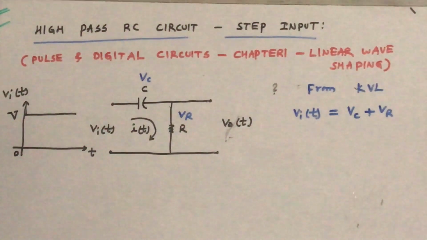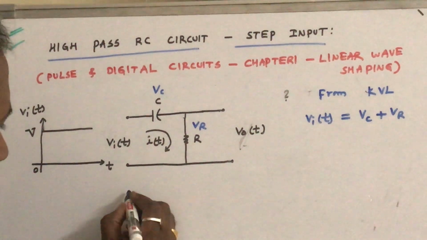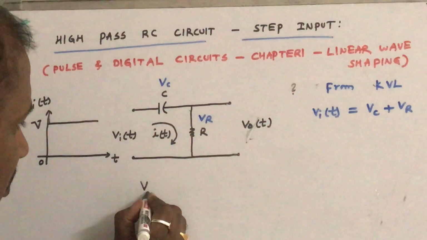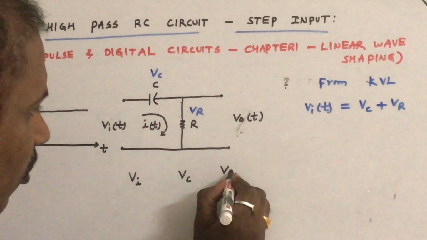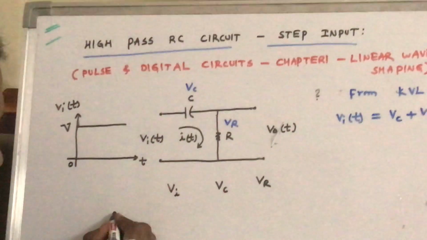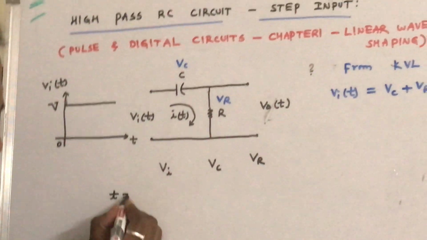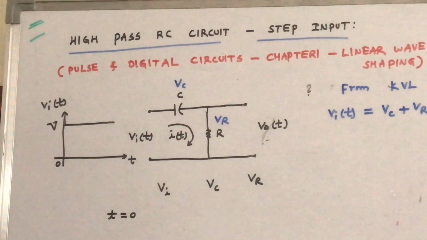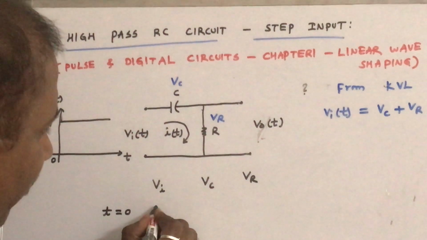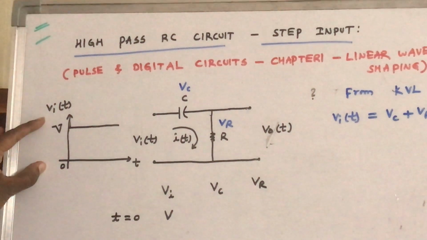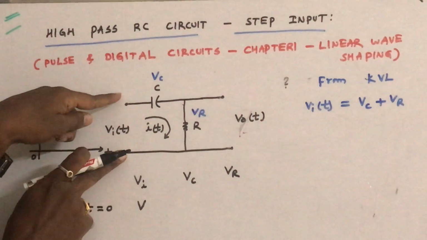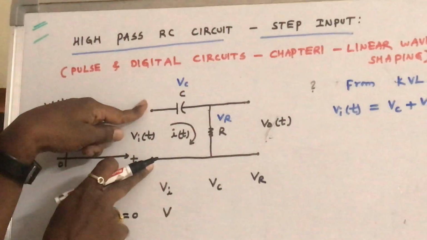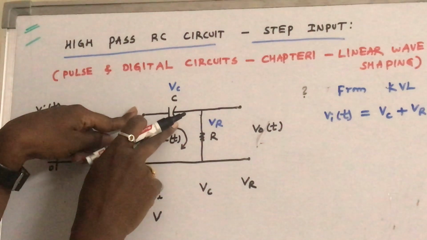Now let us see how to interpret the circuit. Let us take the circuit like this. Say this is Vi, this is the voltage across the capacitor, and this is the voltage across the resistor. Let us see at different times, at t equal to 0. At t equal to 0, what is the voltage applied? The voltage we are applying has amplitude V. When we apply the constant voltage of V volts, initially the voltage across the capacitor is 0.